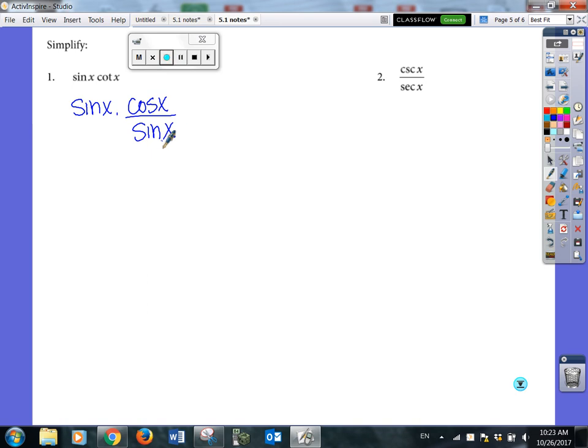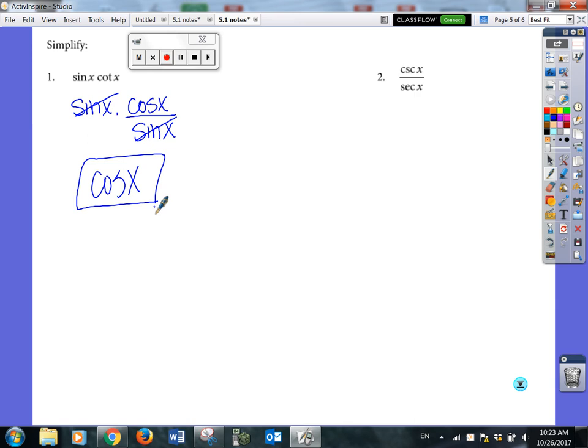So now you can see how, because I did that, the sine x on top cancels with the sine x on bottom, and I'm left with cosine x. I don't have a fraction, and I have a single term. When you don't have a fraction and you have a single term with simplifying, most of the time that's how you know that you are finished. If you have a fraction, you always want to change it to not be a fraction using the ratio or reciprocal ID.